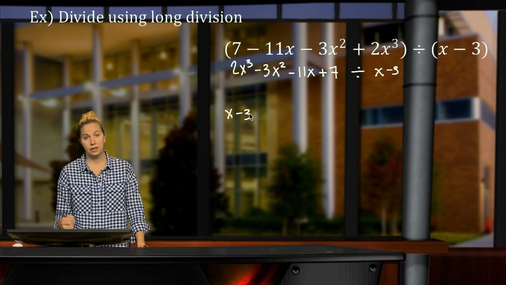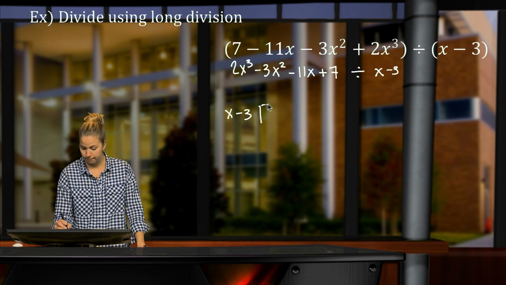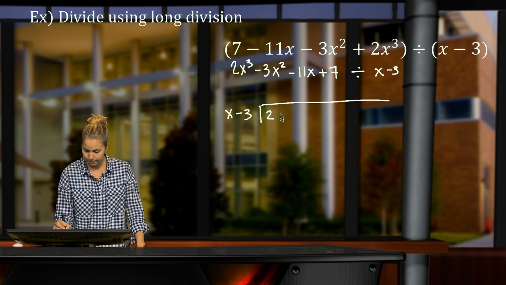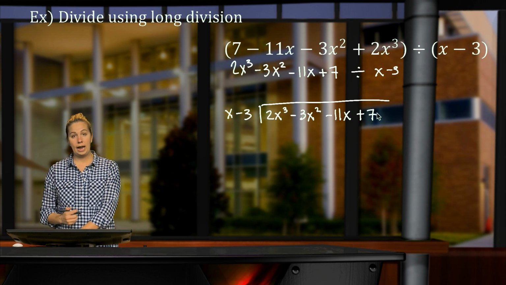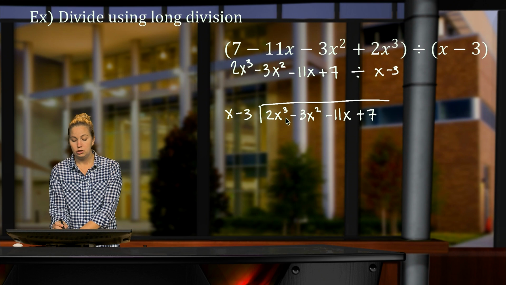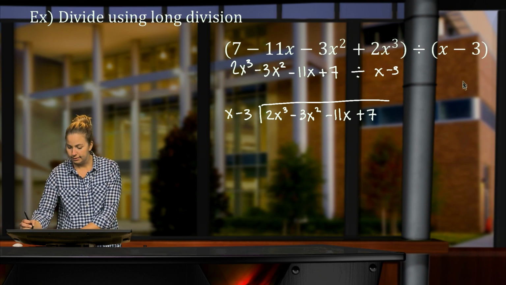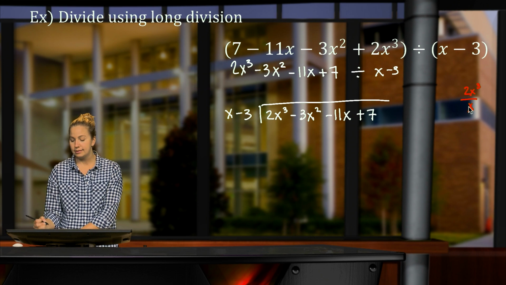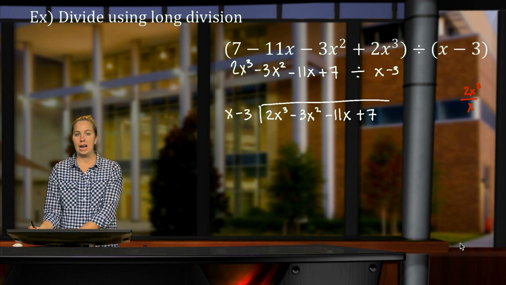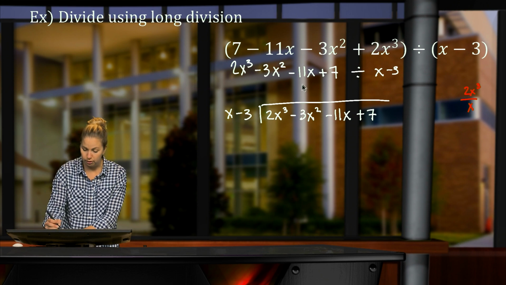X minus 3 goes on the outside of my division bar. And now we start the long division. 2x cubed divided by x. I'm going to set that up in my margin. If you were to simplify that fraction, you get 2x squared.